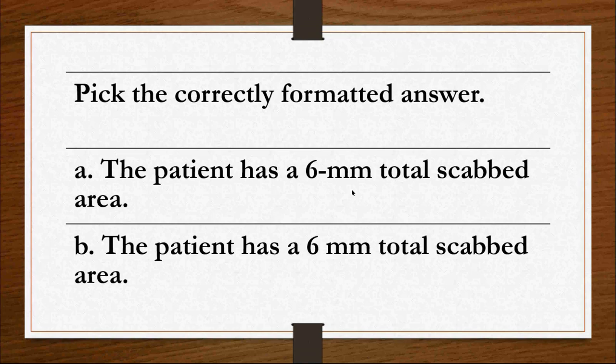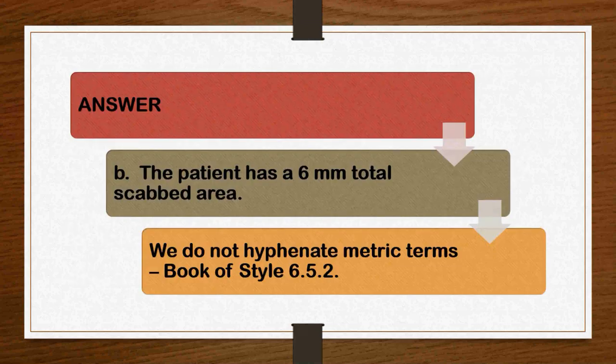Good. And the answer is, well, that was unanimous. It's B. We don't hyphenate metric terms. Those terms include milliliters, centimeters, liters, and so on, even if it comes before a noun. So good job, everybody.